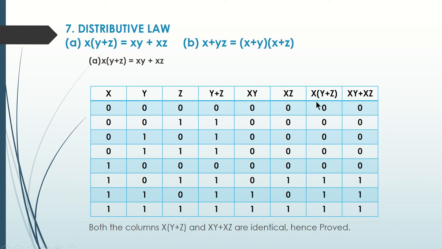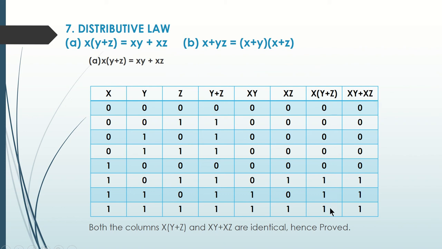Now you are writing x of y plus z. This y plus z should be multiplied with what? X. This and this you have to multiply, and the value is this. When you add these two, you get this. When you look at these two columns, this column x of y plus z is the left hand side expression, and this is your right hand side expression.